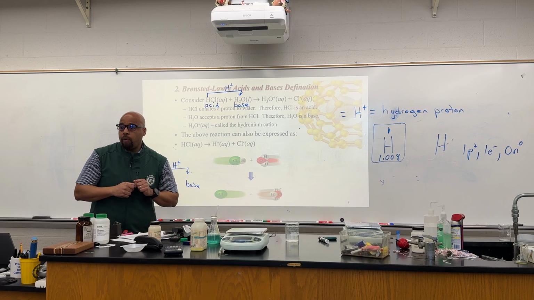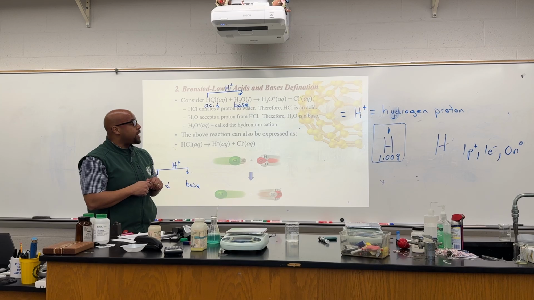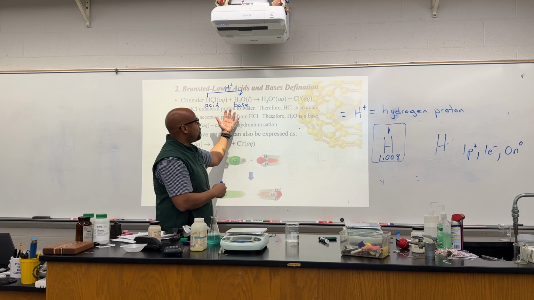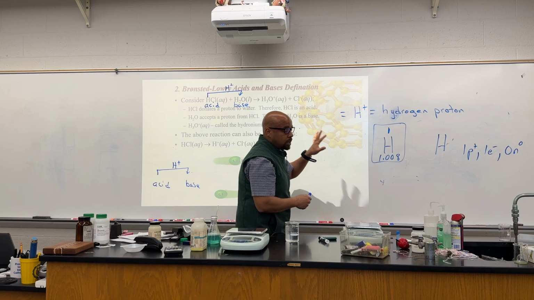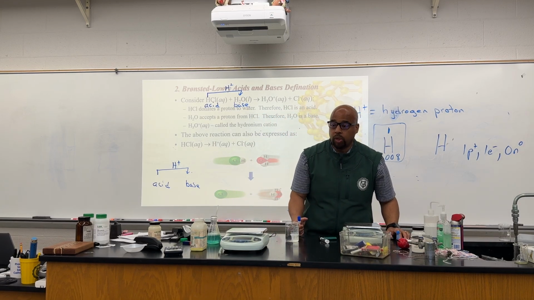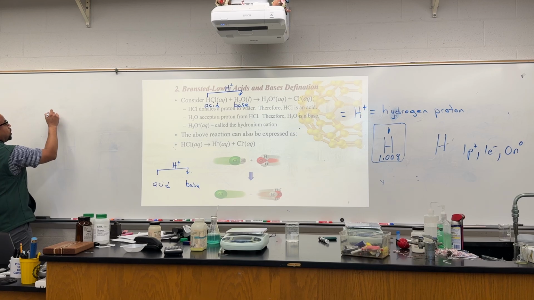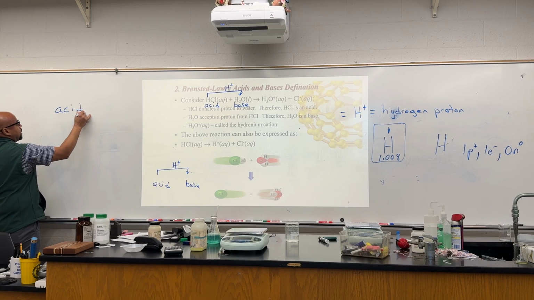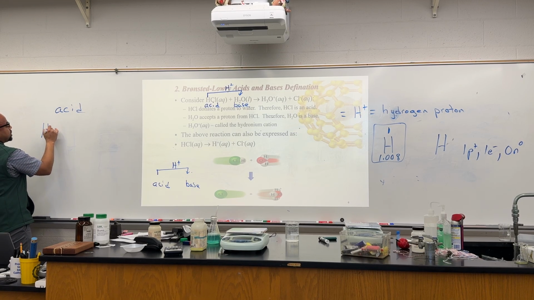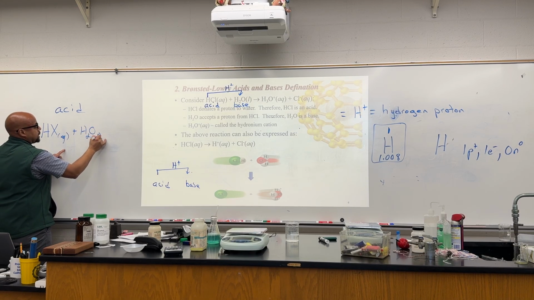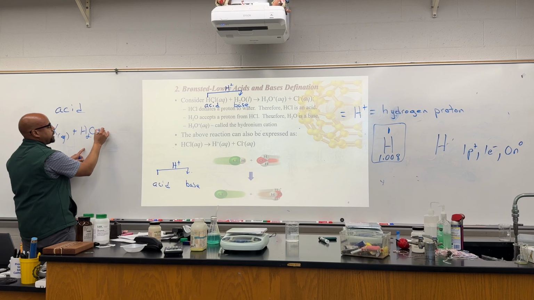Now, one thing to point out in this case, if I go get my hydrochloric acid out of the cabinet, and it's inside of water, it does produce this. I'm here to tell you, this is really important. Do not forget this. When I have an acid, here is my acid, HX aqueous plus H2O liquid, because the acid is always going to be dissolved in water here.